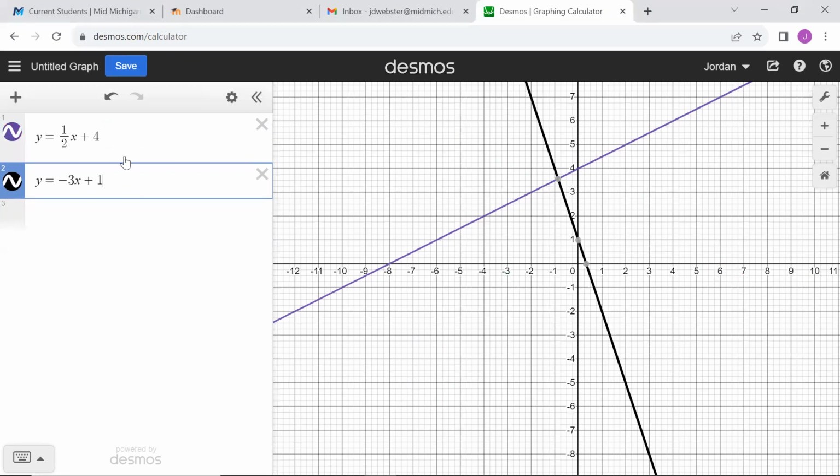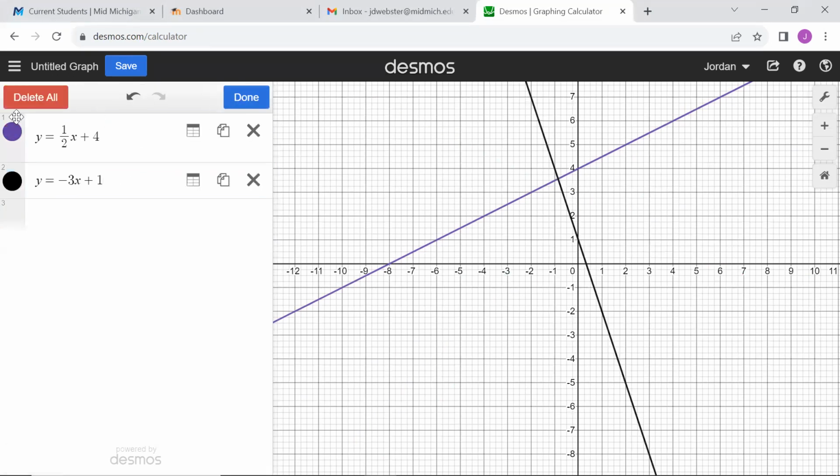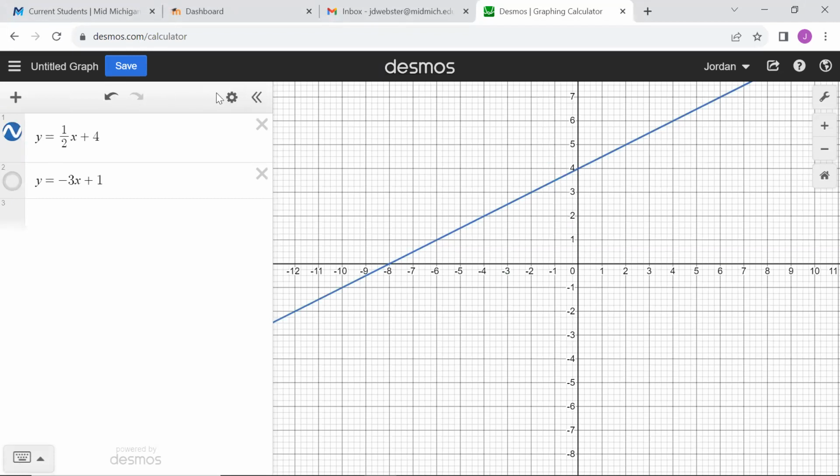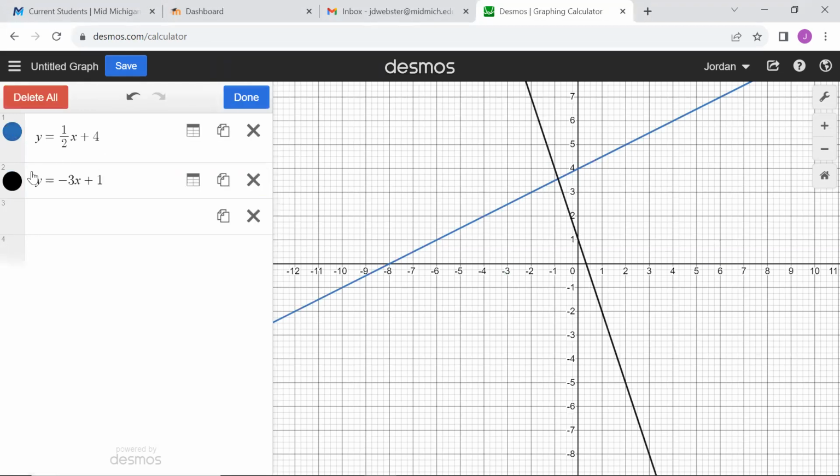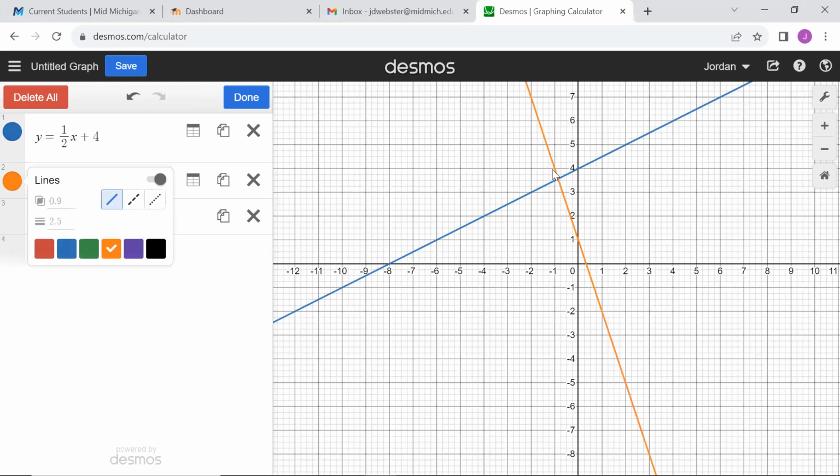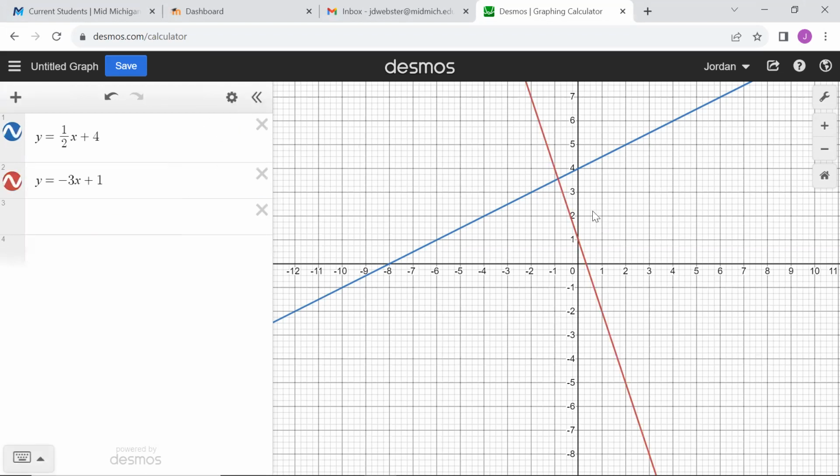That graphed in black. By the way, you can always change on Desmos the colors that you want. So if I wanted blue and some other color, I don't know, orange, then I could get those. I think I'll use blue and red. There you go, two primary colors.